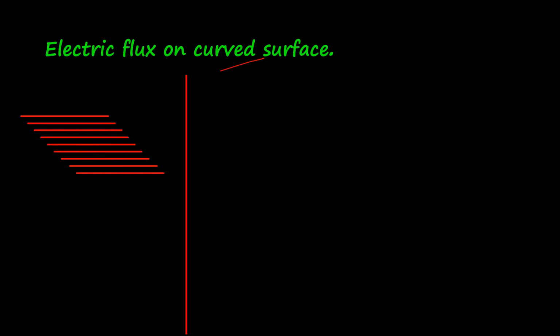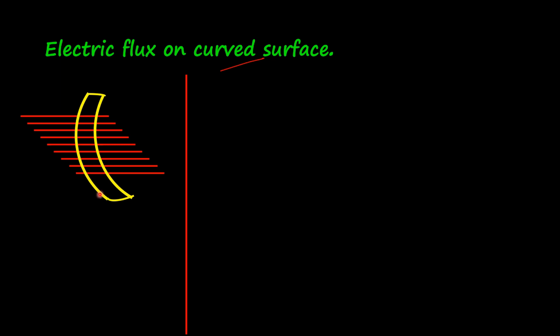Let us consider a curved surface placed in a uniform electric field. We know the formula for calculating electric flux on a plane surface. It is E dot ds, but here it is a curved surface. So the direction of the area vector will be different at different spots on the curved surface. So this formula cannot be used directly.